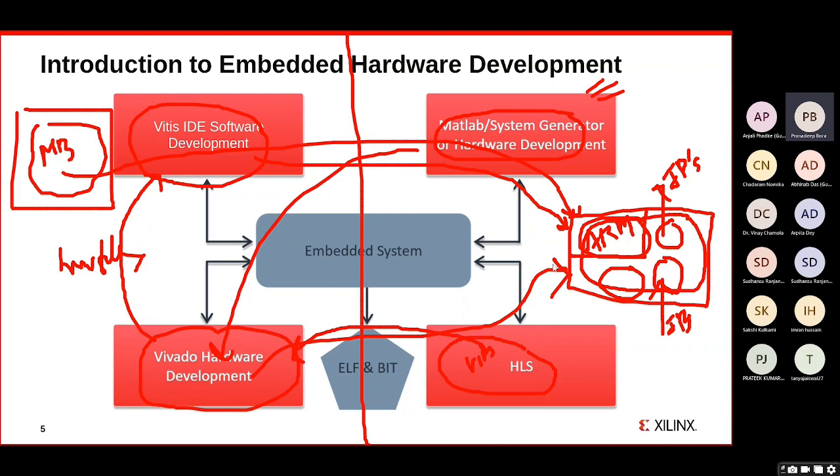Along with that, I'll be using this VITIS IDE software development kit, that is basically a Keil, a Micro, or you can say Eclipse tool, to write C code for the ARM processor. So this is how the Xilinx tools for hardware development work. Is it fine? Here we should know what tool is used for what purpose. That is the first thing that we should know. Can I move ahead? Any queries? Yes, sir, clear.